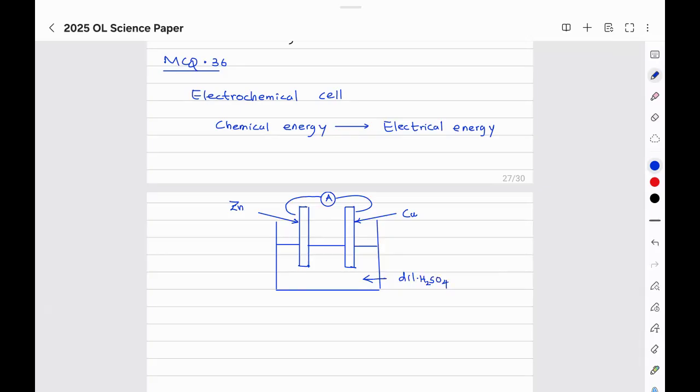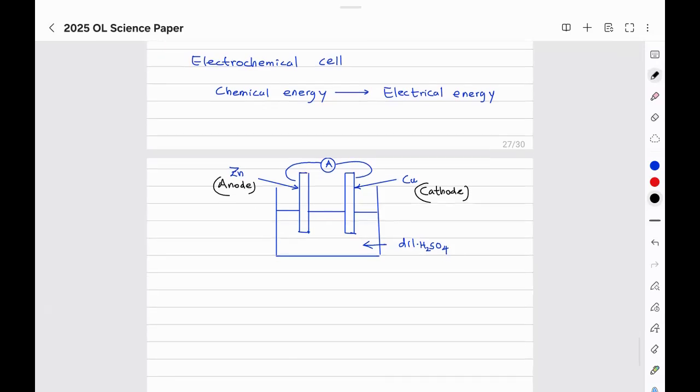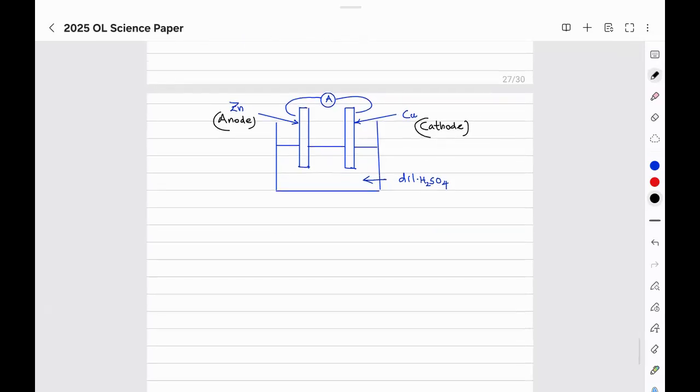We consider here zinc is the anode and copper as the cathode. Right. So zinc and copper, they are considered as electrodes. Electrodes. And what is the electrolyte? Electrolyte solution.